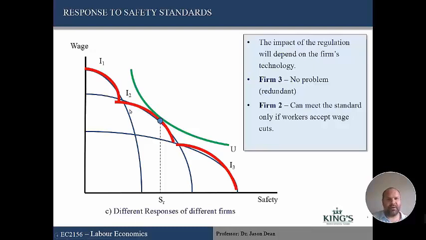Okay, so if it had some workers here, they would need to accept wage cuts, at least on this portion here. And guess what's going to happen to firm 1? Well, firm 1 is going to go out of business. They can't meet that safety regulation. They would not be able to be profitable. If this is their zero profit isoprofit curve, which we're assuming it is, then the only way they could meet the safety regulation is by being on a higher isoprofit curve, and that would mean they'd have negative profits. And so they would go out of business.